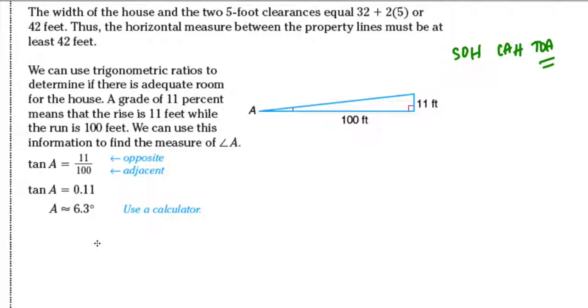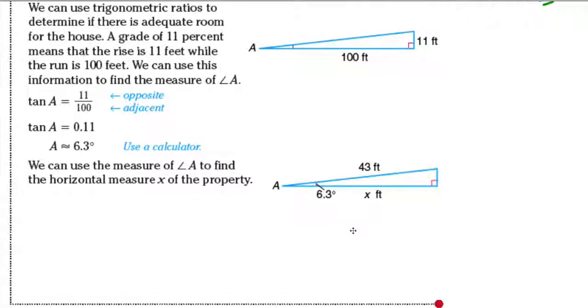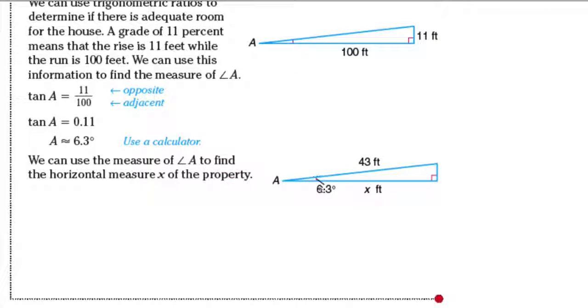Okay, so we can use the measure of angle A to find the horizontal measure x of the property. If you look at this drawing, this is 6.3 degrees right here, and this is 43 feet.